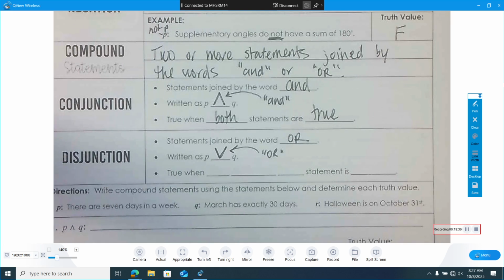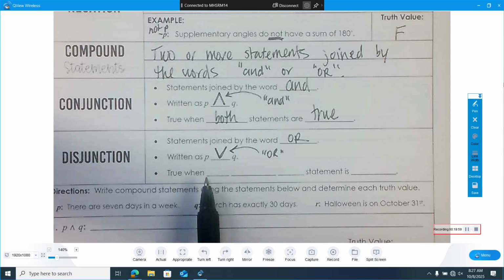So P or Q means you can be one or the other. Like if you go to a restaurant, do you want fries or chips? Okay, technically you could get one or the other, or it could be both. Maybe half and half, I don't know.